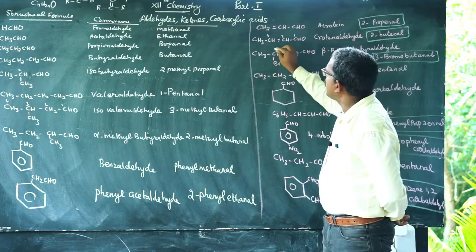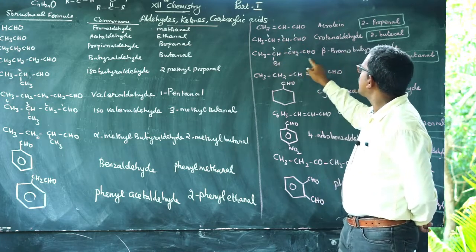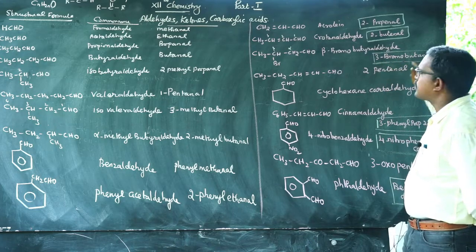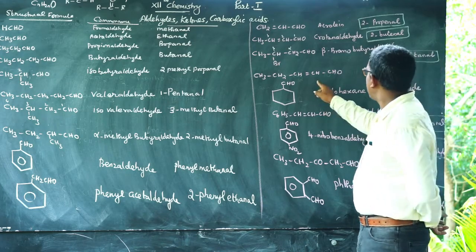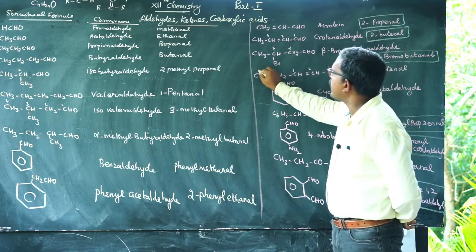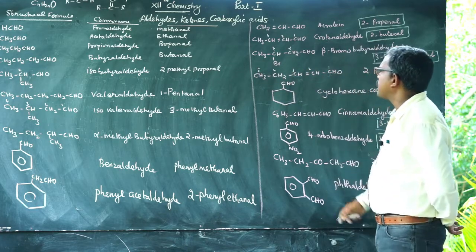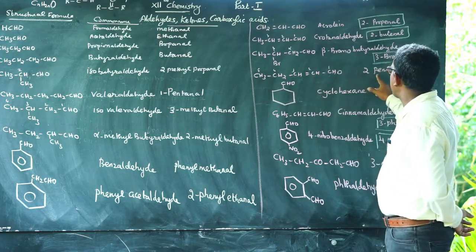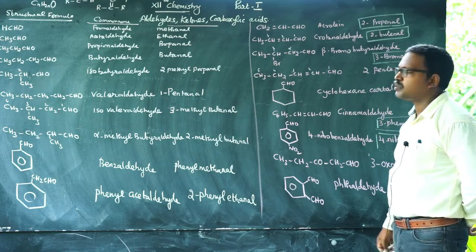Alpha, beta-unsaturated. Beta-bromobutyraldehyde is 3-bromobutanal. This compound, carbons 1, 2, 3, 4, 5, totally 5 carbon atoms are present, therefore 2-pentenal.